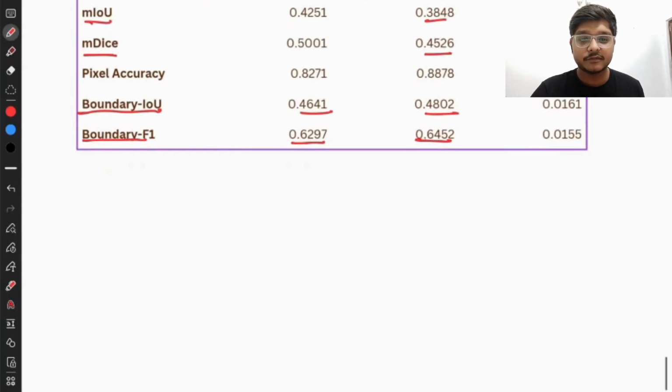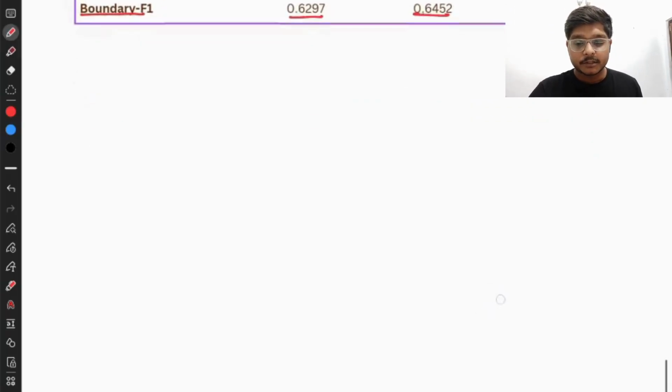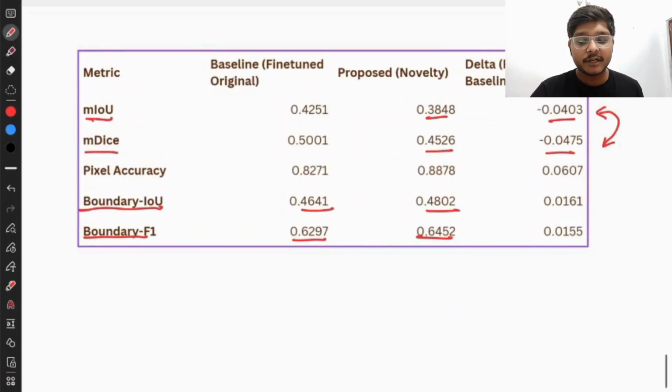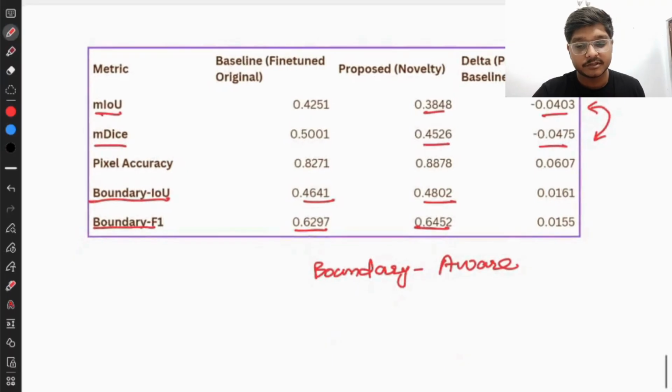And the pixel accuracy was also improved from 0.6297 to 0.6452. So while the overall region based IOU dropped slightly, the boundary F1 and the boundary IOU scores are significantly improved. This shows that our model is much more boundary aware, capable of capturing the fine-grained spatial details that original Efficient SAM misses.